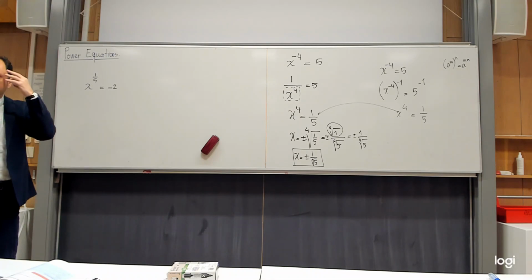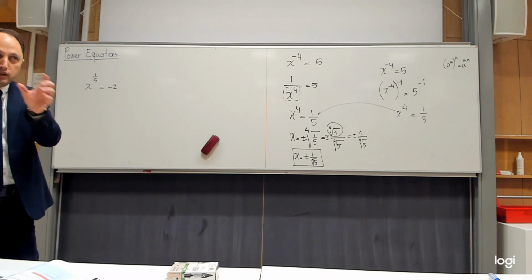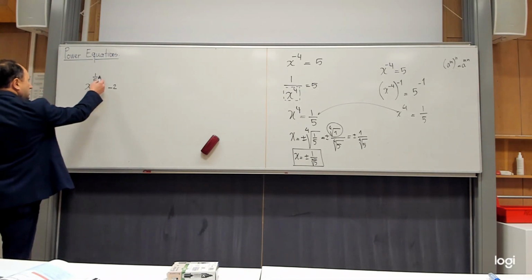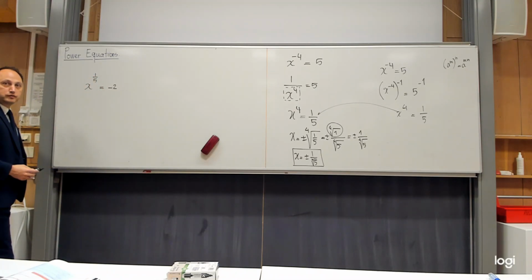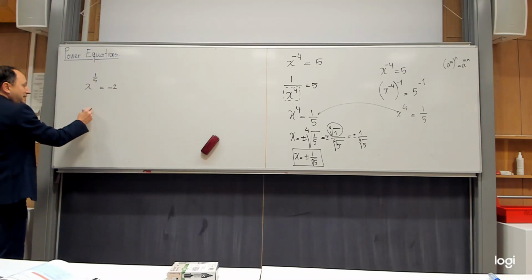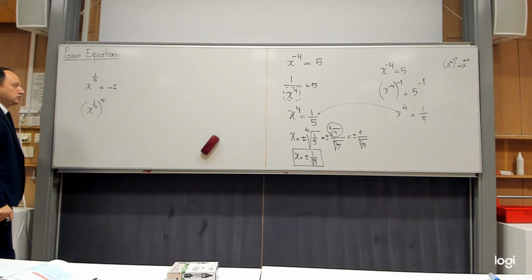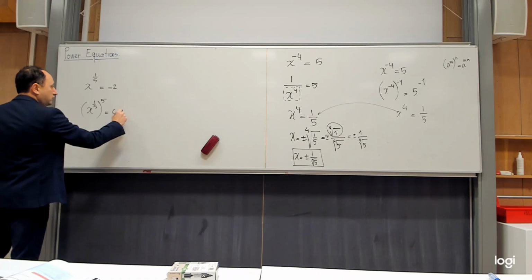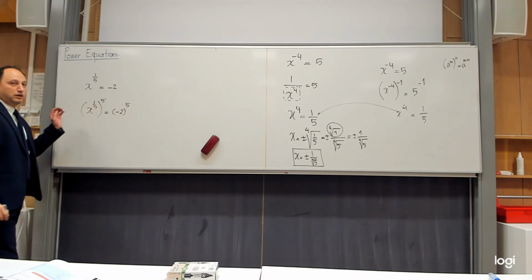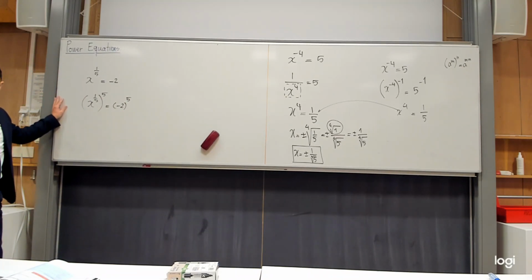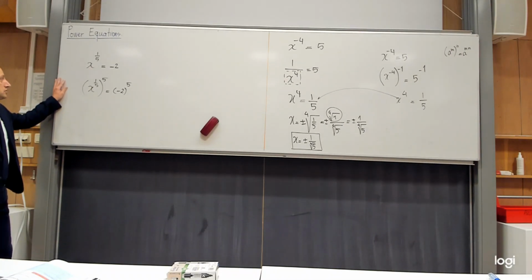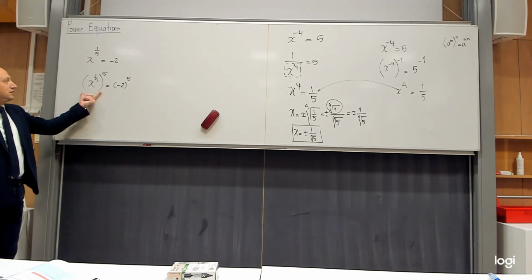So if you have this strategy in mind, you really don't need to memorize many things. So I want to get rid of this power, 1 over 5, to make x alone. If you have done your homework nicely so far, then it is not hard for you to realize that I have to raise both sides to power 5. Yes? Why is that useful? Because immediately you can give me the answer to this.